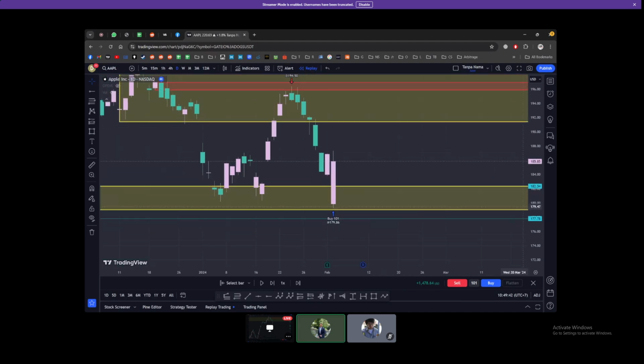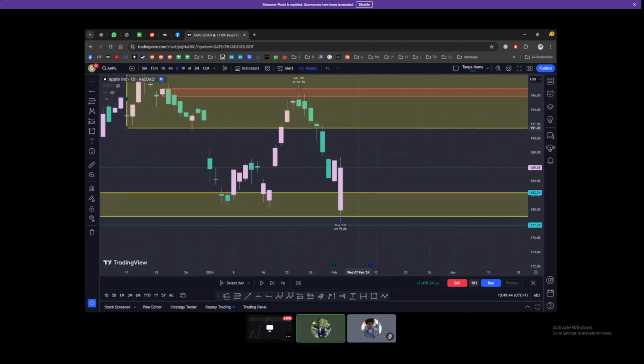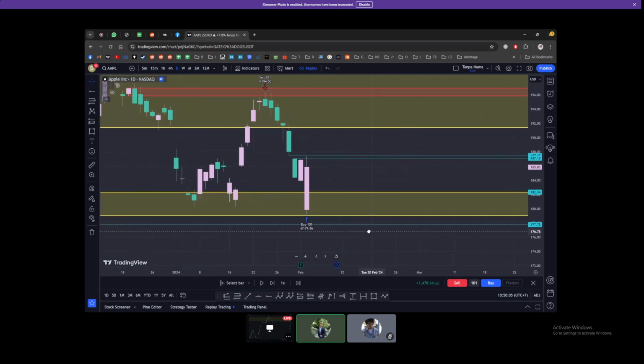So mark the gap, the open gap over there. Yes. So whenever you see a very thin gap open like this, now zoom in on the 4 hour chart.